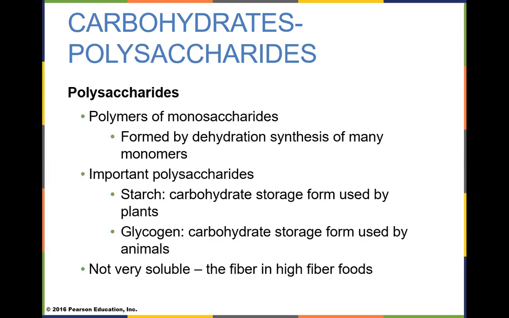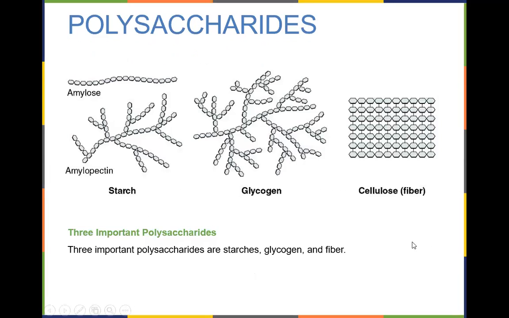Animals, humans, use these monosaccharides to make glycogen. We don't have starch in our bodies. We use glycogen as our source of energy storage. We store our sugars as glycogen, and then we can break down the glycogen when we need sugar to do things. And there's what starch looks like.